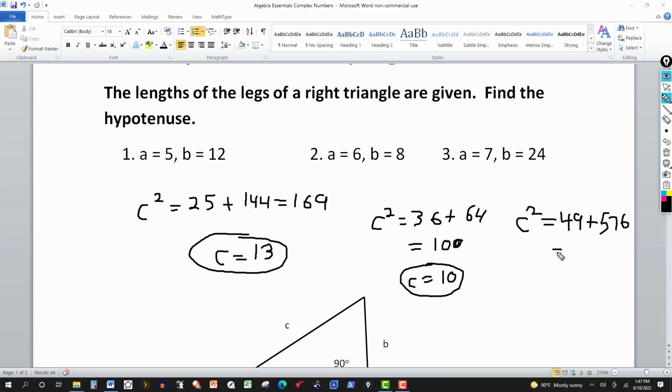Add these up, and we get 625. Take the square root of that, you get 25. The hypotenuse for this one is 25 units.